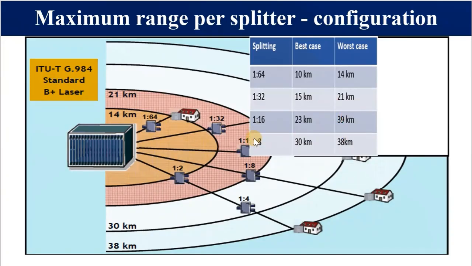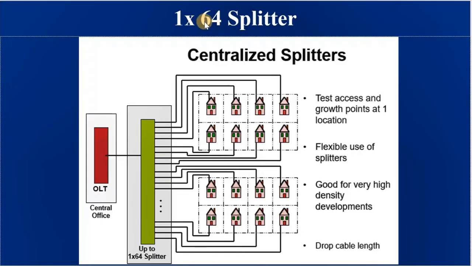And for a split ratio of 1:8, you can connect a customer at 38 kilometers. The same applies to 1:2 and 1:4.